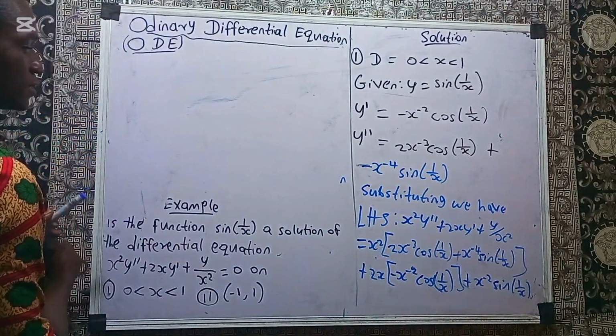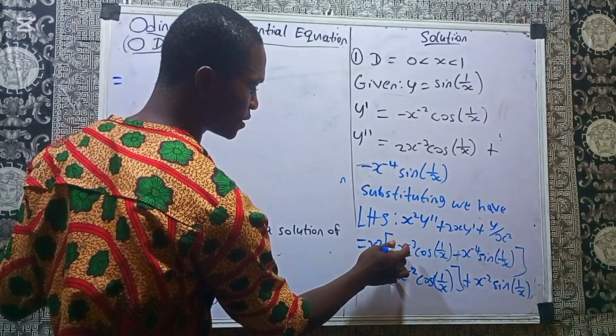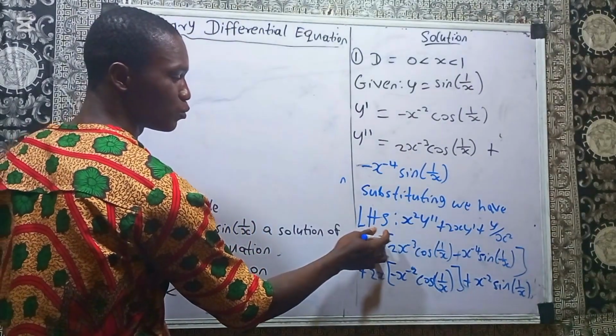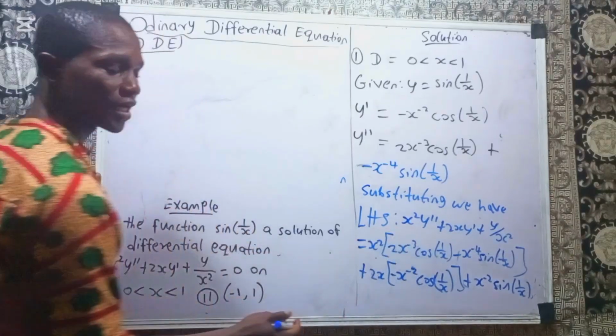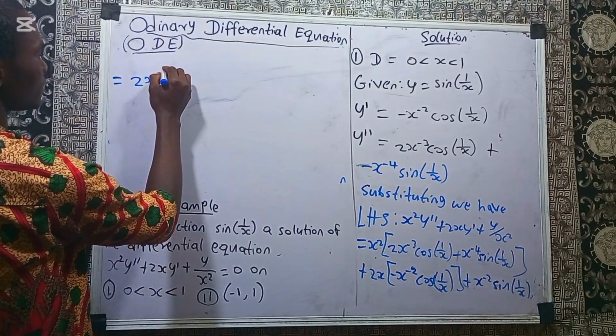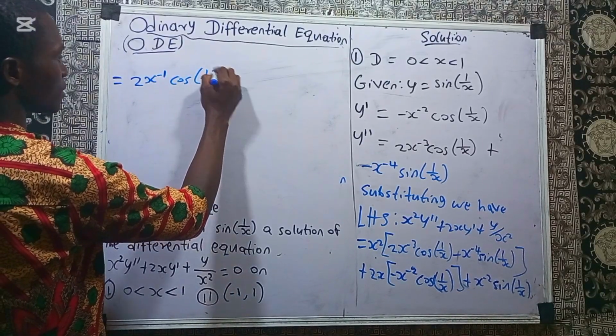Y is sine 1 over x. That's our y. So what do you do? You open the bracket, come to this place, x multiplying 2x raised to power negative 3. You add the index. 2 plus negative 3 is negative 1. So you are going to have 2x raised to power negative 1 cosine of 1 over x.